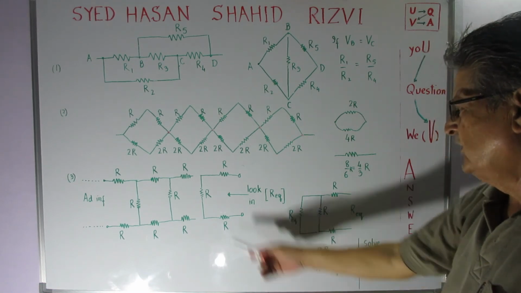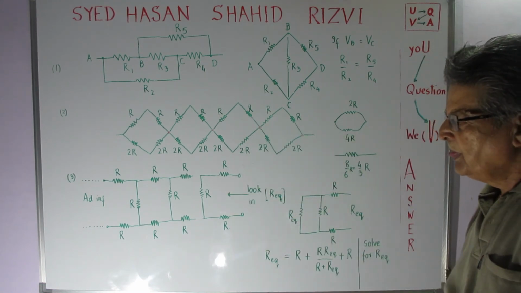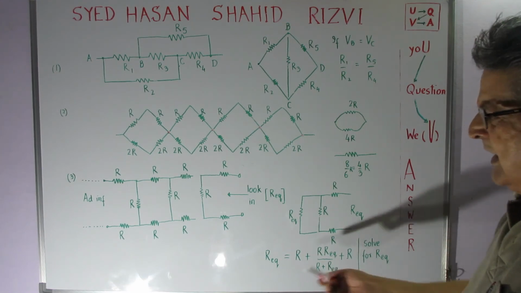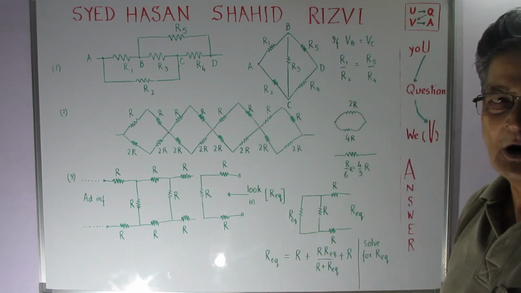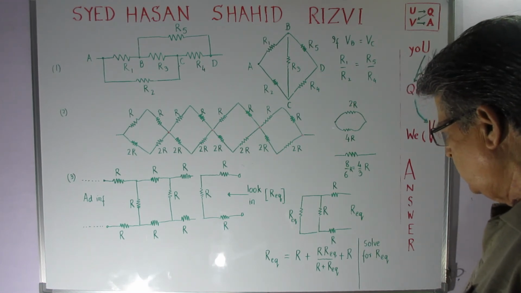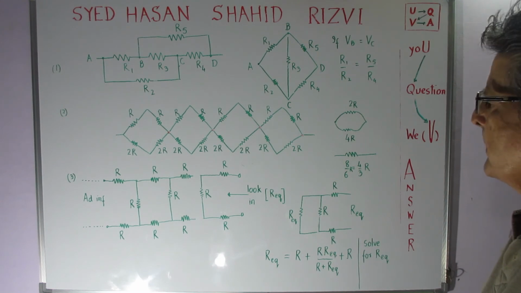So this is the kind of technique, the way that we attempt these questions, and we can solve them readily. With a little bit of practice you can do it in a minute's time.